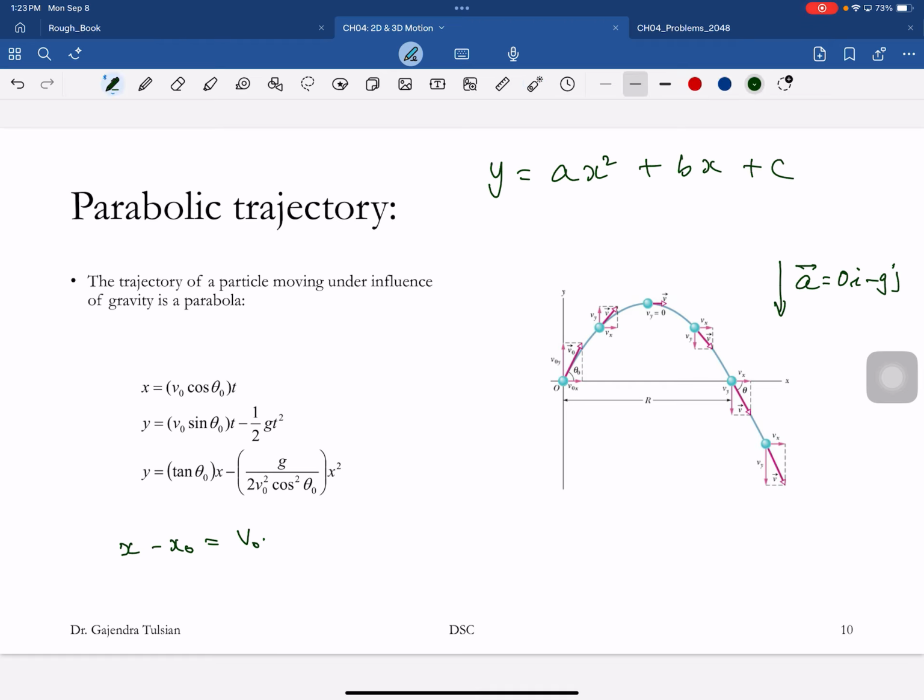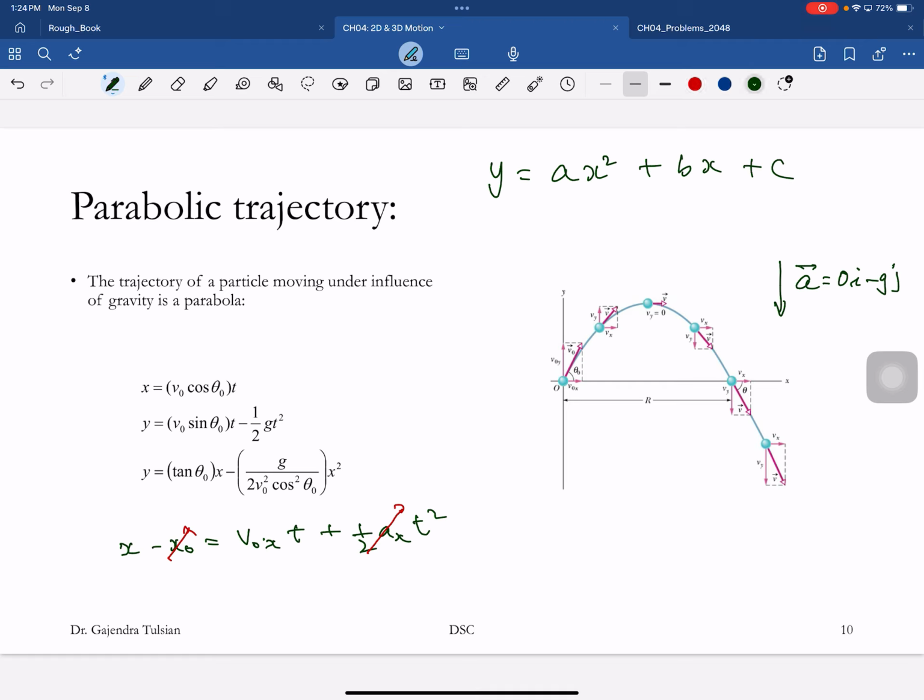We'll say it starts off at the origin, so x naught is 0. Ax is 0. The x component of the acceleration is 0.